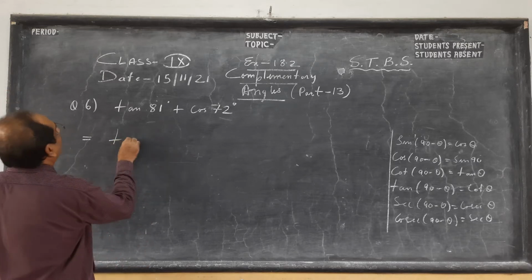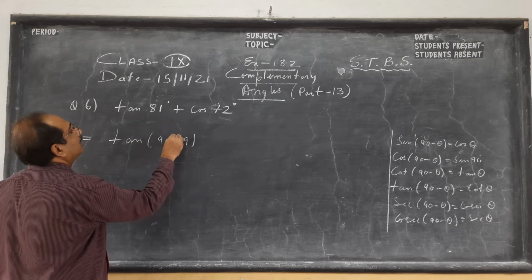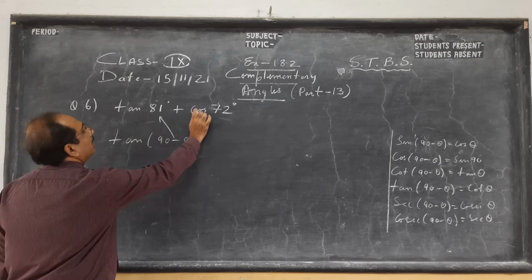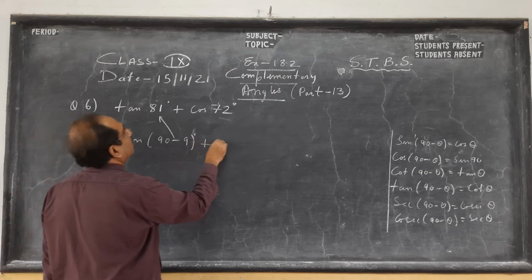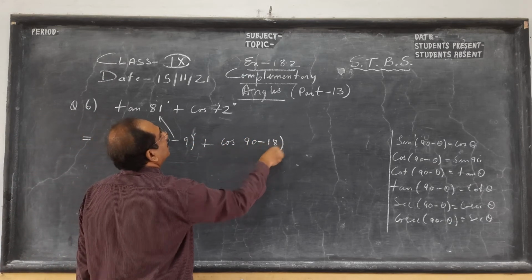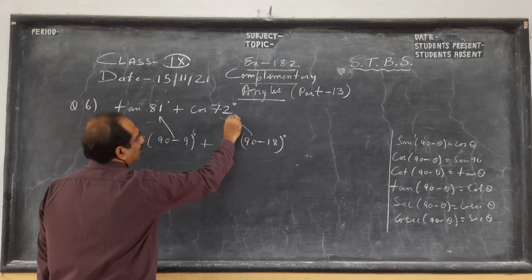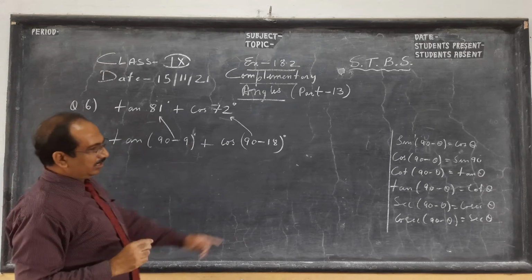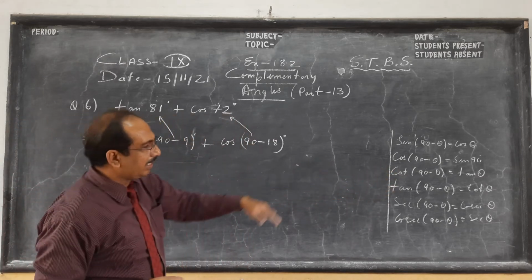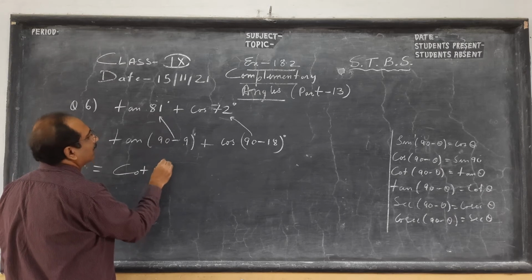So see what we do. Tan 90 minus 9 is 81, and cos 90 minus 18 is 72. Now tan 90 minus theta is cot theta, 90 will go. So tan will become cot and this 9 degree will come.